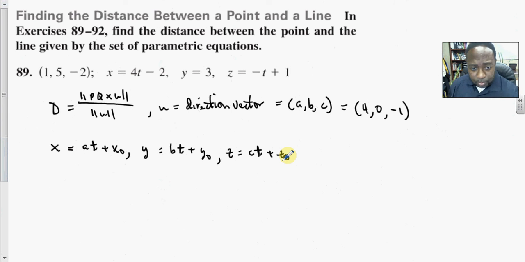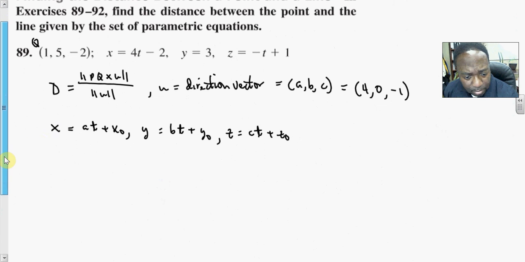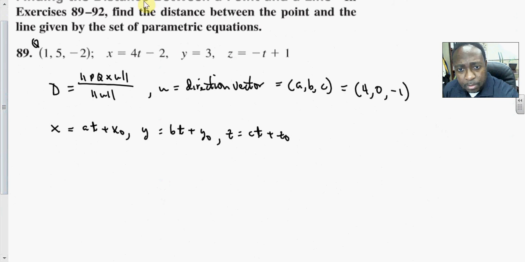And so this is the point Q. So Q is sitting up top, let me do my drawing again.